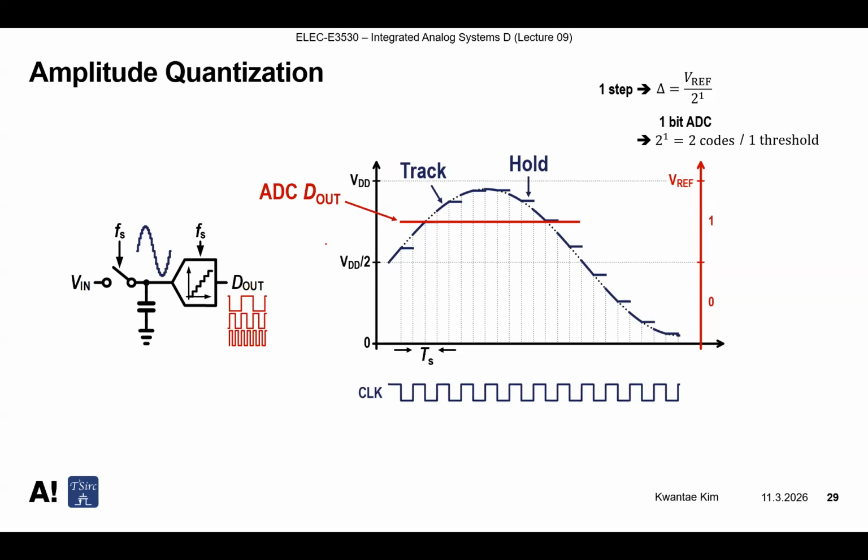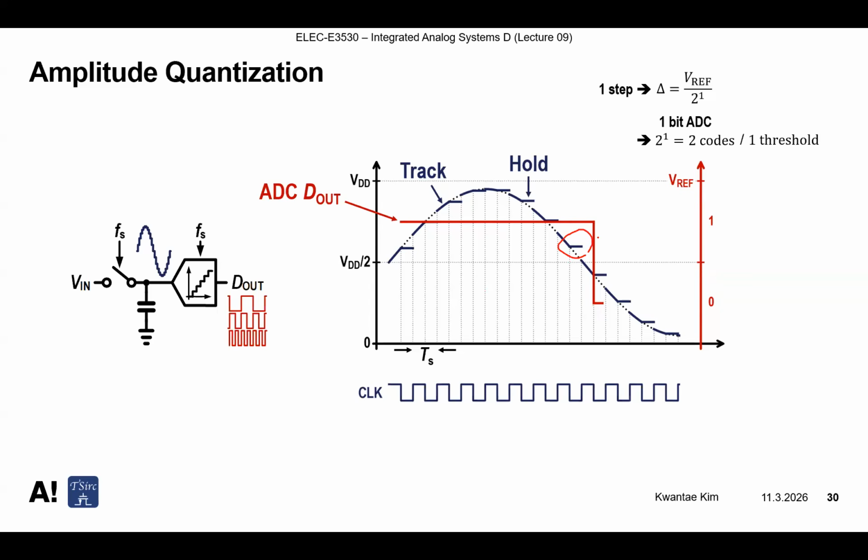Then we experience the situation at the next hold window, and the digital output data goes down to 0, because at the holding phase the input analog signal is lower than the threshold.